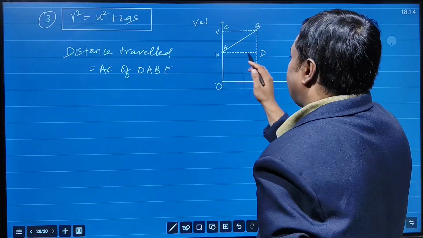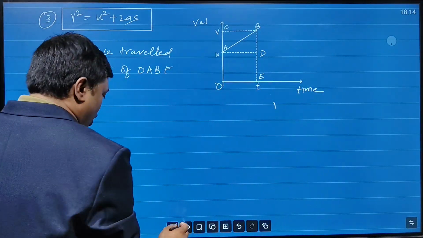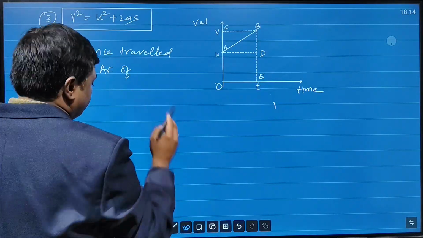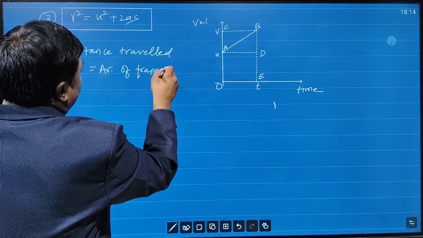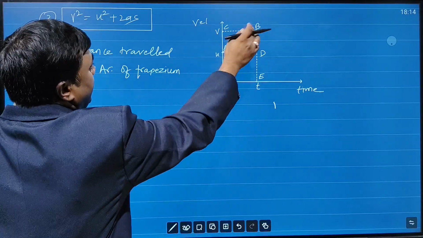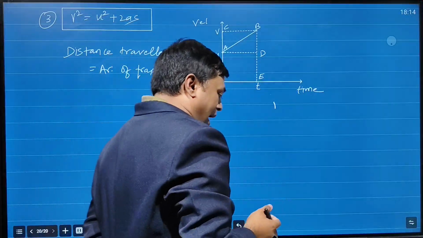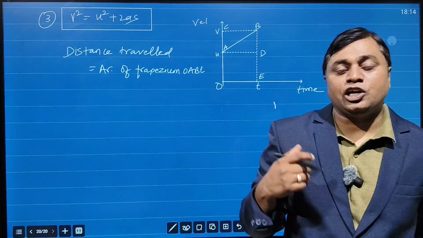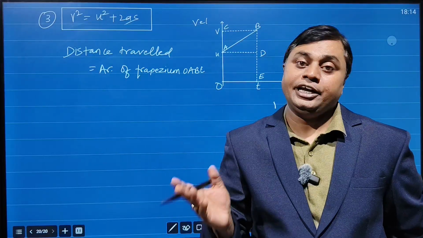This side is parallel to this side and this is perpendicular. Yes or no? So we can write the area of trapezium. If we have learnt in maths, what is the area of trapezium? Area of trapezium is half into the sum of parallel sides into height.